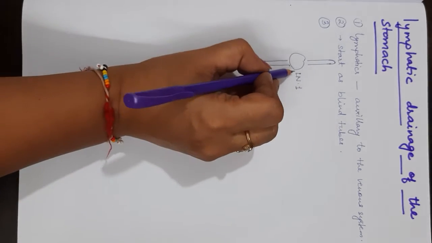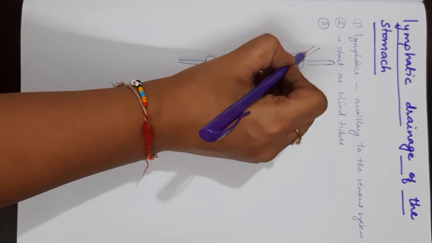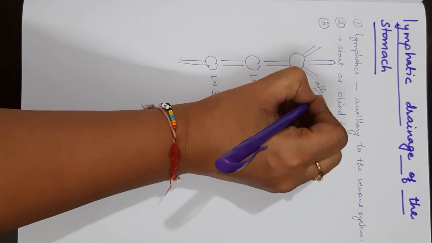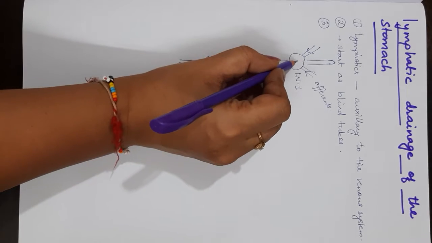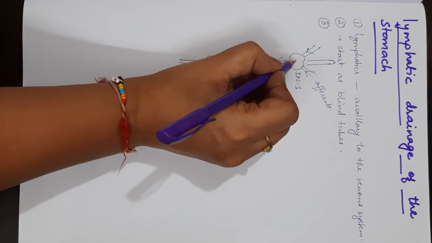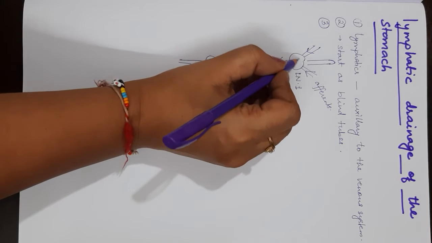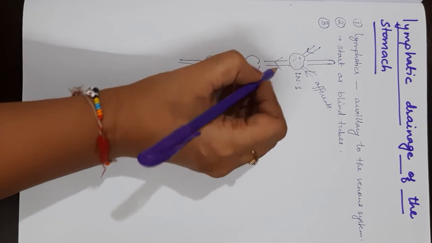So we see the lymphatics which are draining in lymph node 1 are called its afferents. And the efferent channel leaves the lymph node carrying the filtered lymph from lymph node 1.